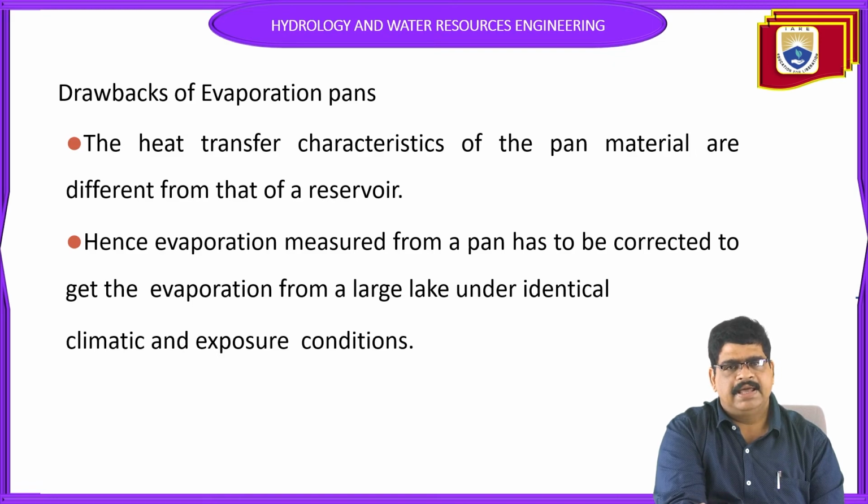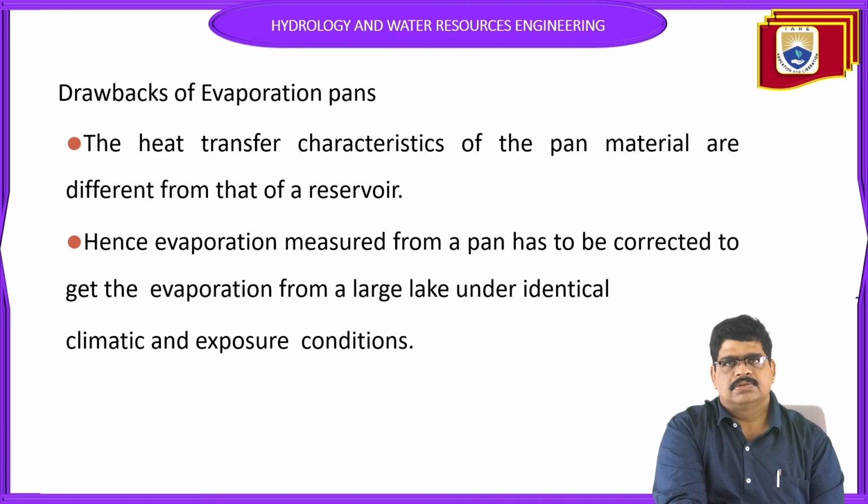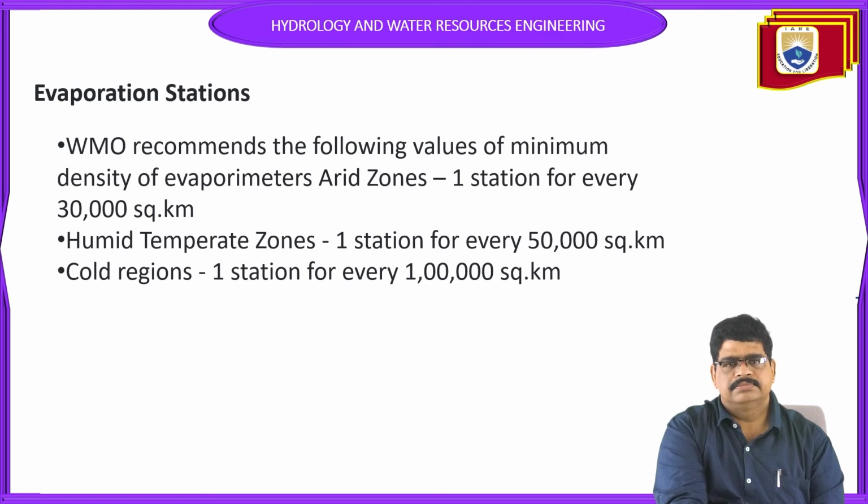The heat transfer and heat absorption content are different, and the conditions of the stored water outside are different. Hence evaporation measured from the pans has to be corrected to get evaporation from a large lake under identical climatic and exposure conditions.